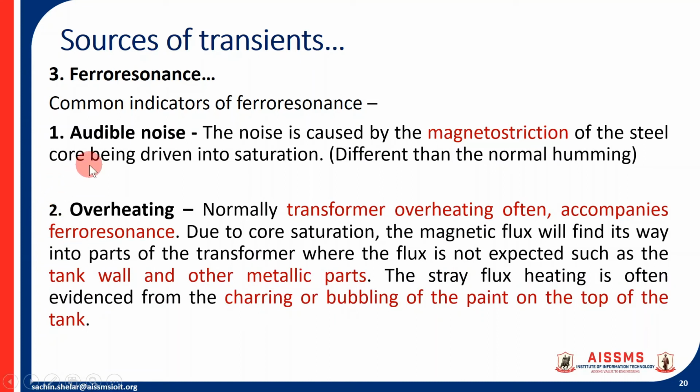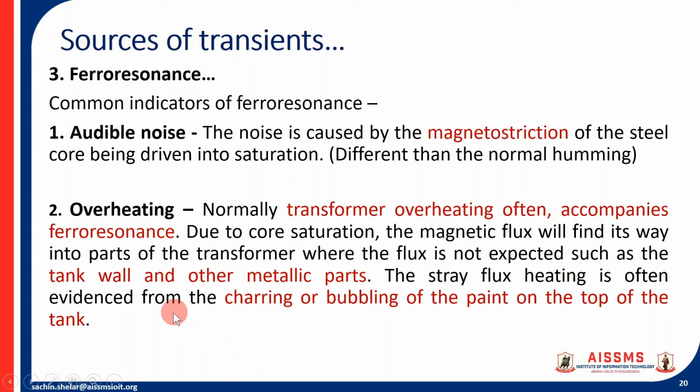Next is overheating. Normally transformer overheating often accompanies ferroresonance. So if your transformer is getting overheated, one of the reasons could be ferroresonance. Due to core saturation, the magnetic flux will find its way into parts of the transformer where the flux is not expected, such as the tank wall and other metallic parts. As these metallic parts and tank wall get some magnetic flux, a current will flow in them.